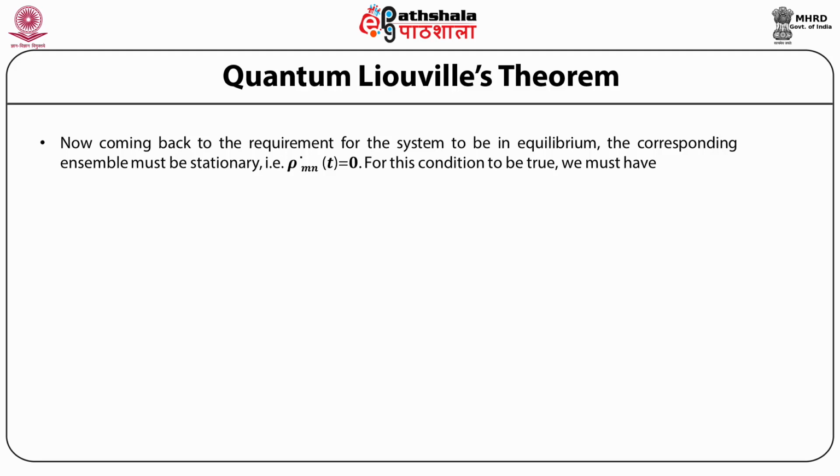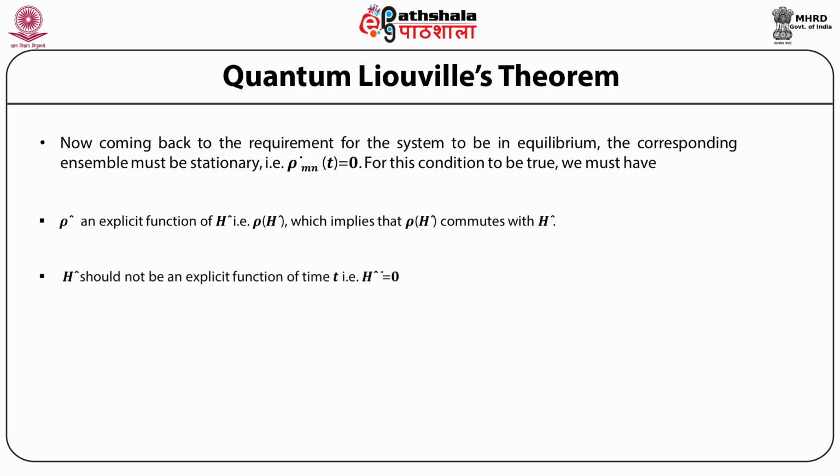For this condition to be true, we must have, number 1, the operator rho an explicit function of the operator H, that is, rho is a function of operator H, which implies that rho commutes with the operator H. Secondly, H operator should not be an explicit function of time t, that is, the time derivative of the Hamiltonian operator must be equal to 0.